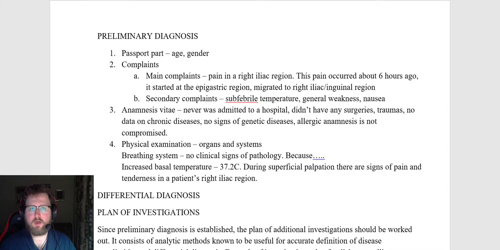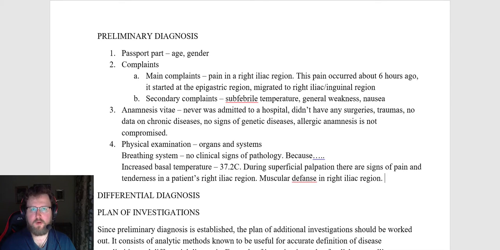We've also found out that in this region he also experiences muscular defense during deep palpation.